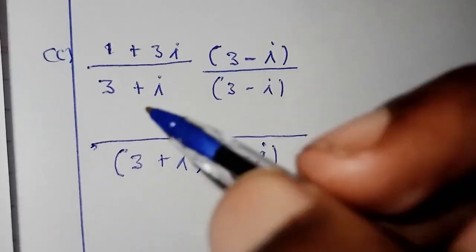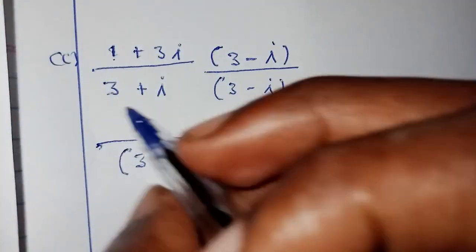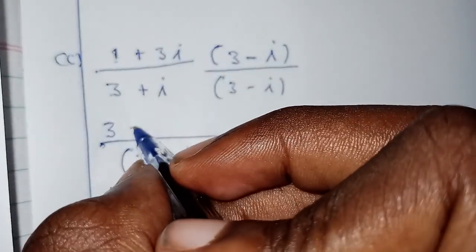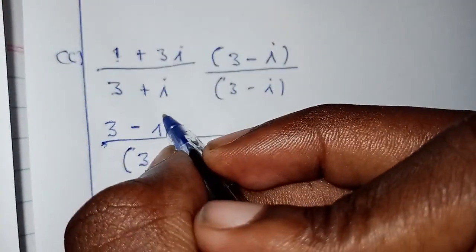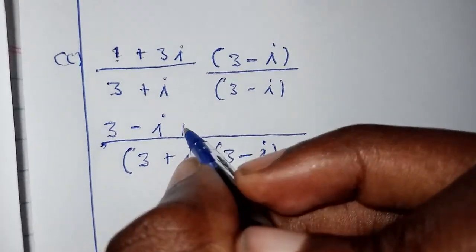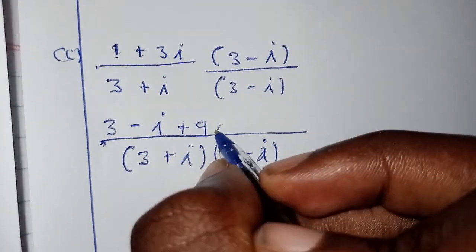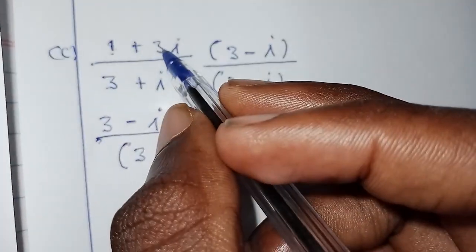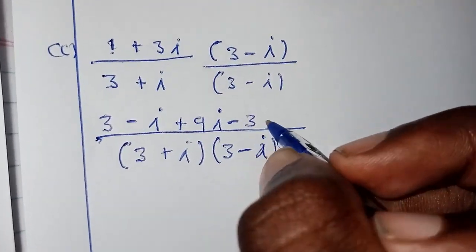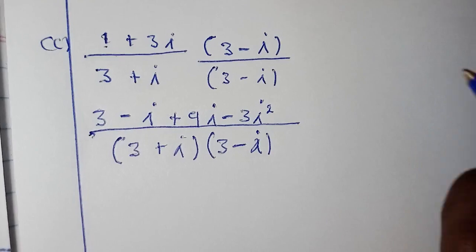So we say 1 times 3, it's 3. 1 times negative i, it's negative i. 3i times 3, it's positive 9i. 3i multiplied by negative i, it is negative 3i to the power 2.